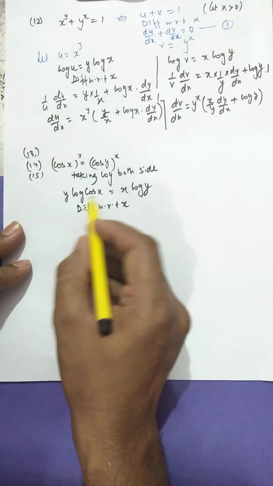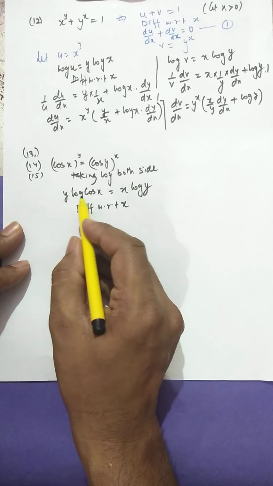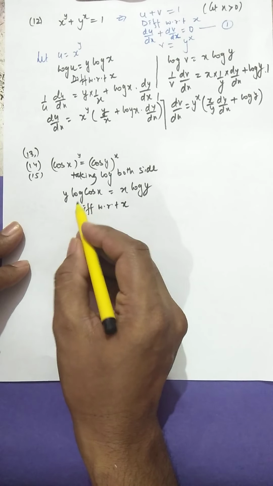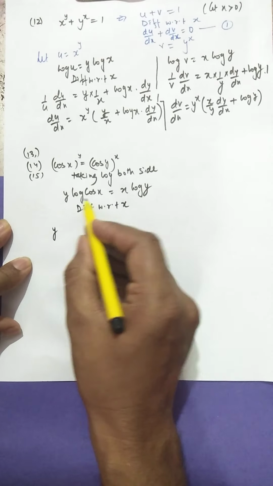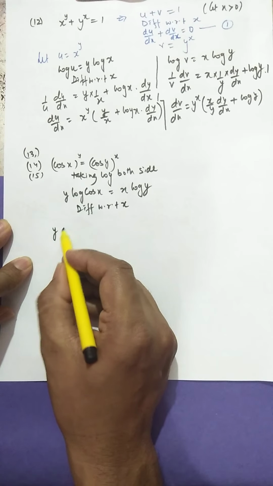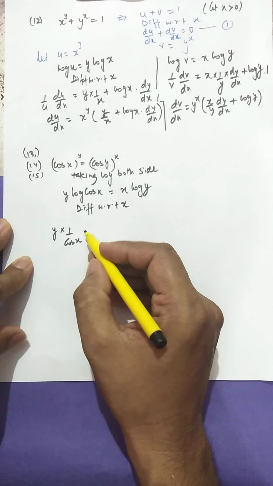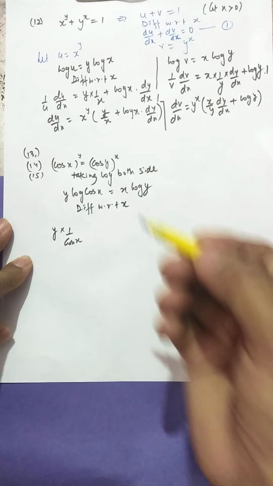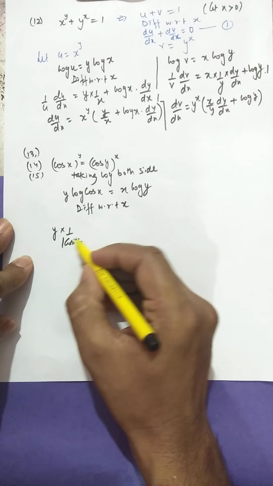So here you can see this is the product of two functions, y and log cos x. Log cos x is again the composition of functions, so we'll differentiate accordingly. So we'll take y first, and then we are differentiating log cos x. So log cos x will be 1 upon cos x. So this time again we have to assume whether, now you cannot assume that x greater than 0 or something, so you have to take mod here.